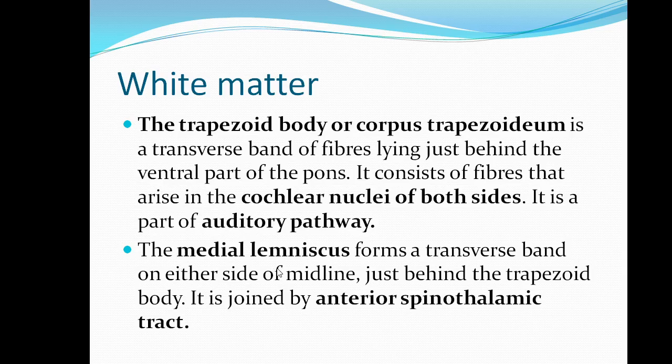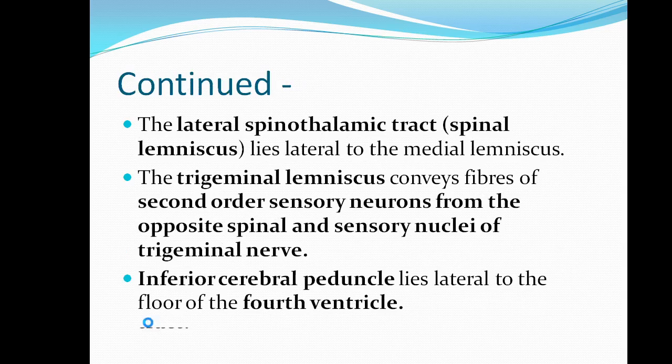The medial lemniscus forms a transverse band on either side of the midline, just behind the trapezoid body. It is joined by the anterior spinothalamic tract. The lateral spinothalamic tract, also known as the spinal lemniscus, lies lateral to the medial lemniscus.